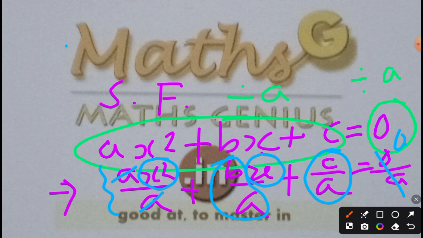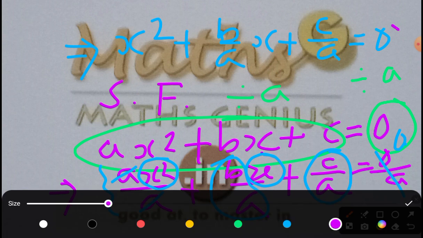So what does it make? The polynomial converts to x square plus b by a of x plus c by a is equal to 0, or simply, if you omit the equal to 0, you get the polynomial in this form.